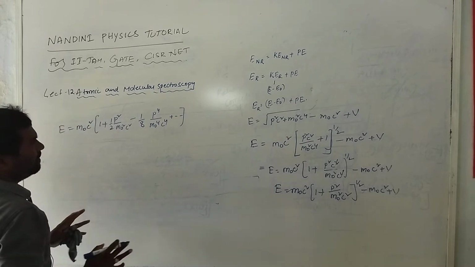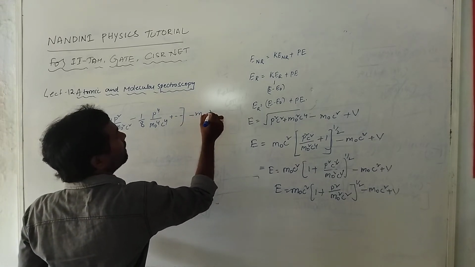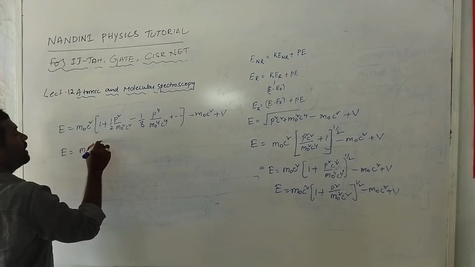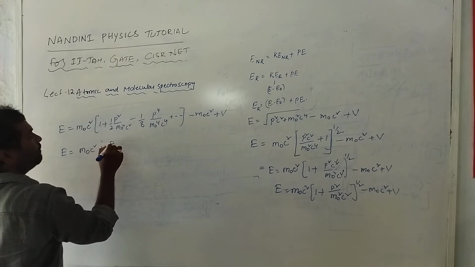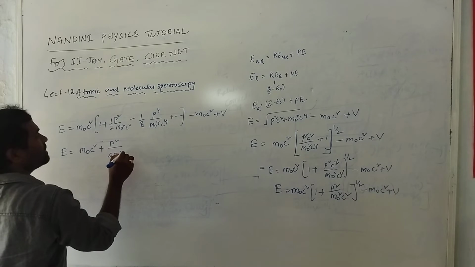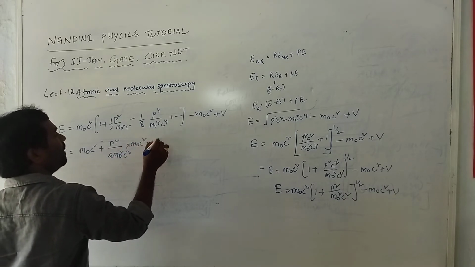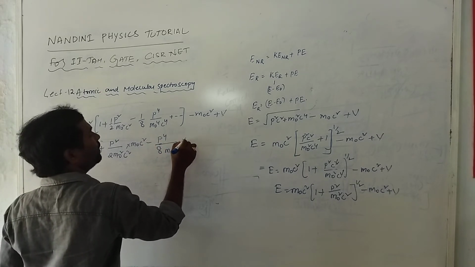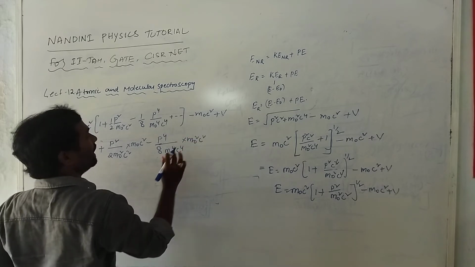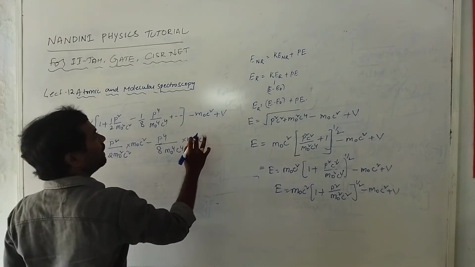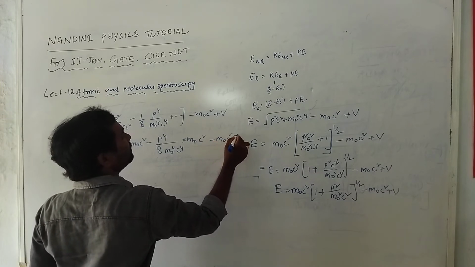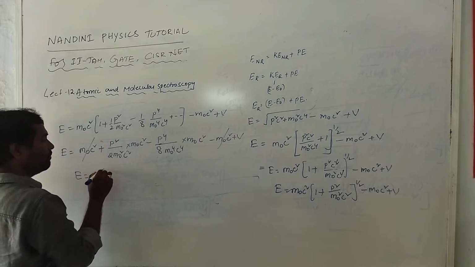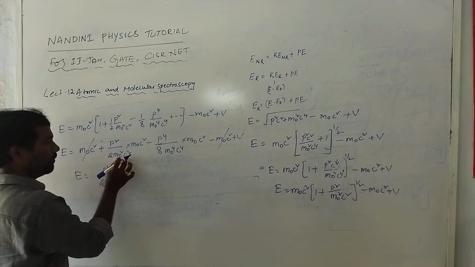Don't take higher terms, only three terms are enough, minus m naught c square plus potential V. Simply expand this equation: m naught c square plus p square by 2 m naught square c square times m naught c square, minus 1 by 8 p power 4 divided by m naught power 4 c power 4 times m naught c square, minus m naught c square plus V. This term and this term will be cancelled, and finally you will get E is equal to p square by 2 m naught.